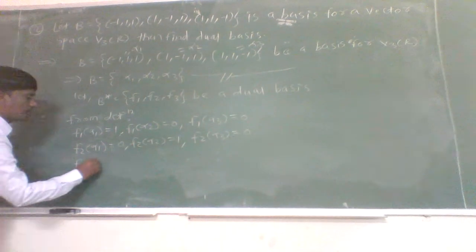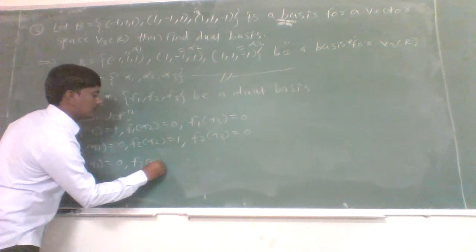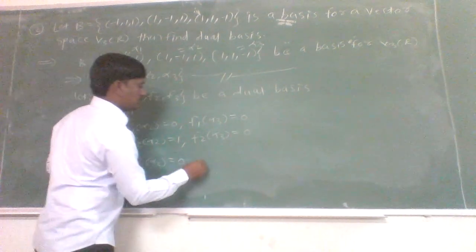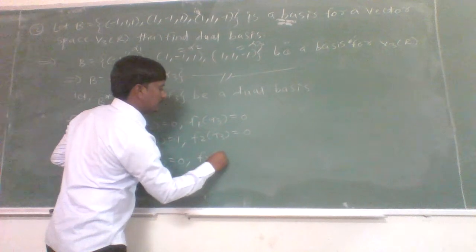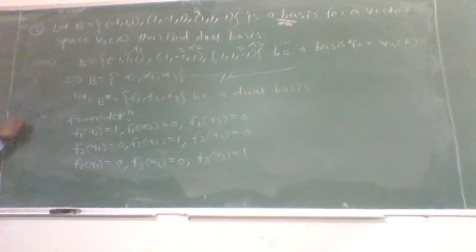Similarly, f3 of alpha 1 equal to 0, f3 of alpha 2 is equal to 0, as i is not equal to j, and f3 of alpha 3 is 1, since i is equal to j.